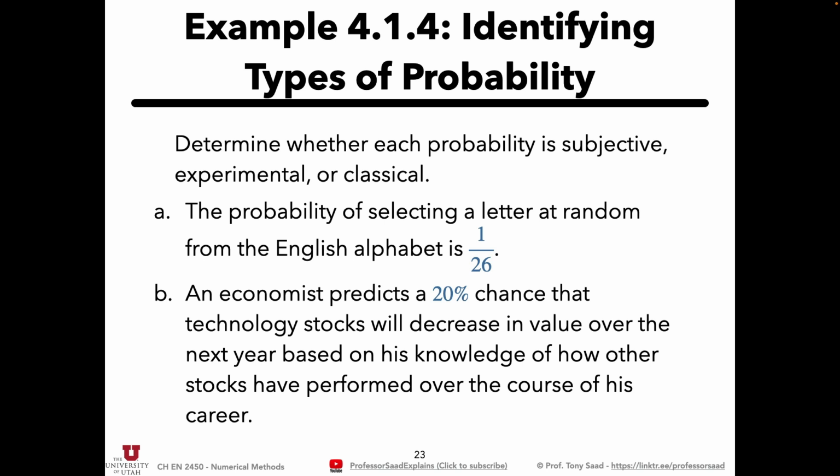Classical, right? Because our sample space is the letters in the alphabet, 26 letters. Picking a random letter, any letter, the chance is one letter out of all 26, right? And that's a classical probability because we know the sample space. We picked one event, picking a letter, and we got 1 over 26.